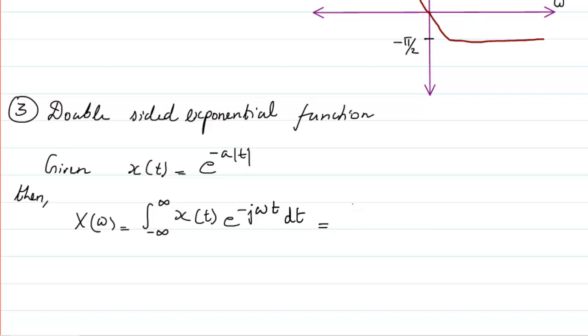We will substitute the value of x of t as e raised to power minus a magnitude of t, into e raised to power minus j omega t dt. In that case, I can now expand it into two portions.